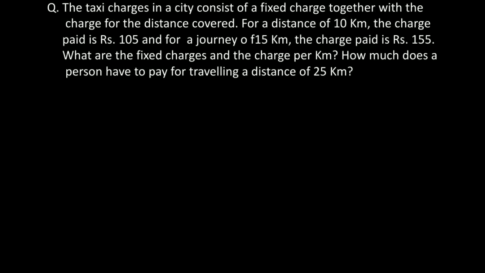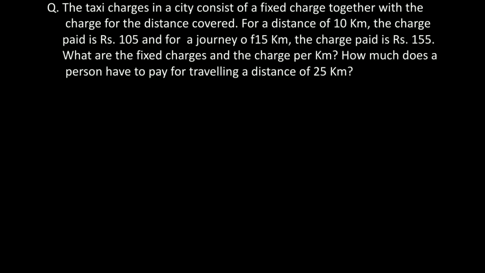Now we start another problem. The taxi charges in a city consist of a fixed charge together with the charge for the distance covered. For a distance of 10 km, the charge paid is rupees 105, and for a journey of 15 km, the charge paid is rupees 155.